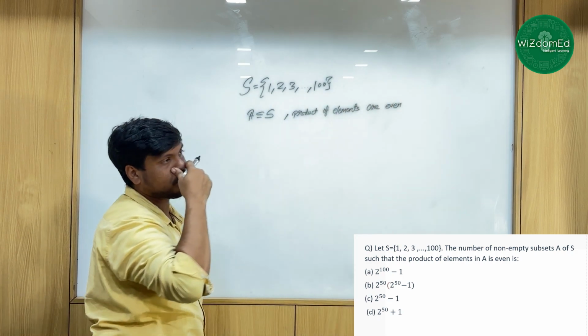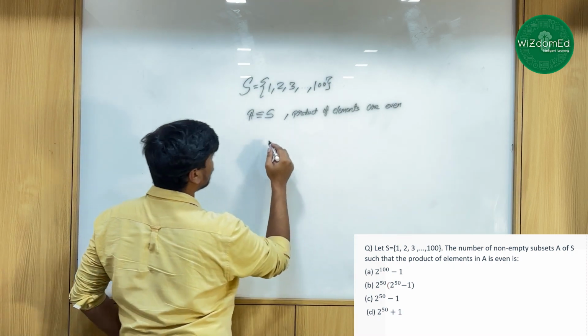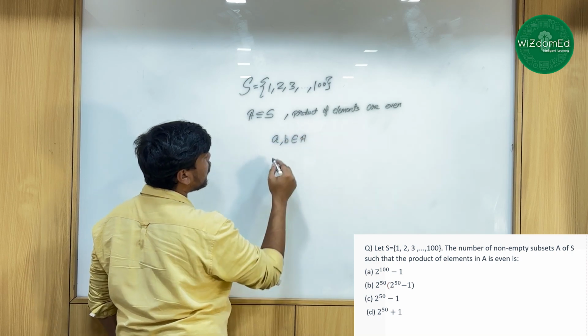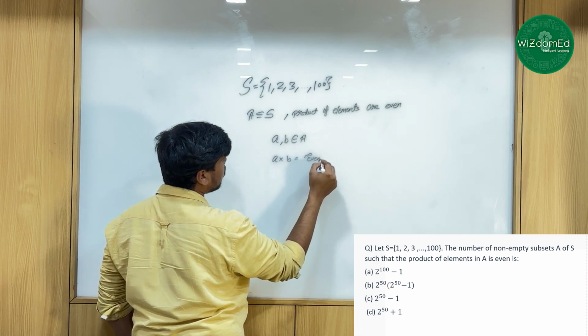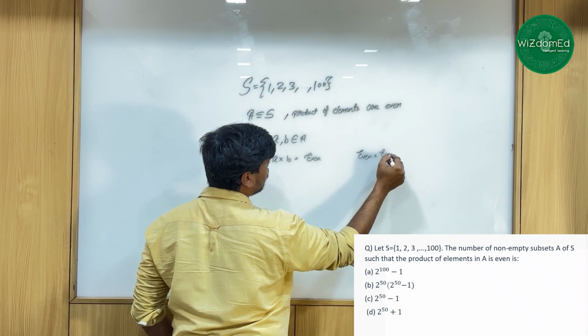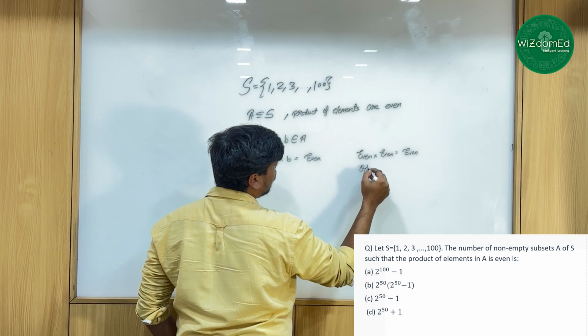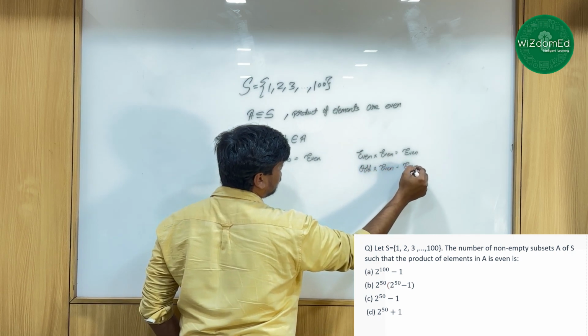Now what do we know? We know that when I have a product, let's say there are two elements A and B which belong to set A. When can I say the product of A and B is even? We know that if we multiply an even number with an even number, I would get an even number. If I multiply an odd number with an even number, I'll get an even number.